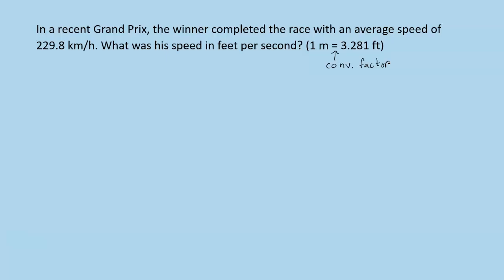Okay, and they're asking what is his speed in feet per second? Okay, so that must be the target. And therefore, the only other information given is, of course, going to be what we start with.